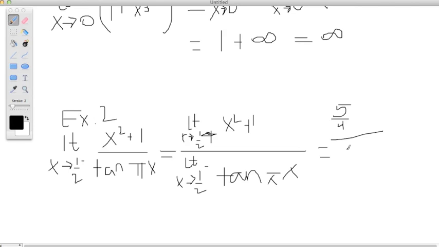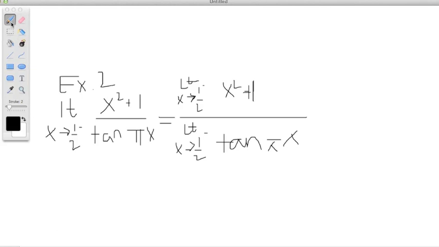Now, when something is undefined, it would be 1 divided by 0. So to help you out, you can write 1 divided by 0 underneath there. When you divide two fractions, you multiply by the reciprocal of the second one. So that would be the same as 5/4 times 0, which would make the whole limit 0.